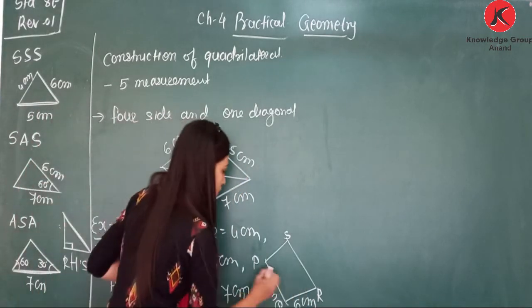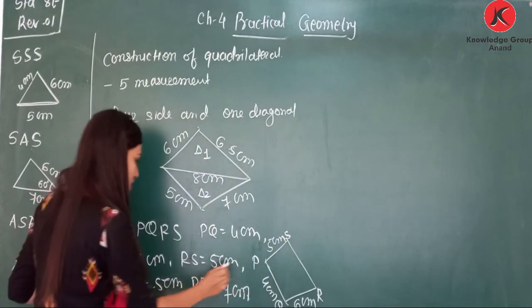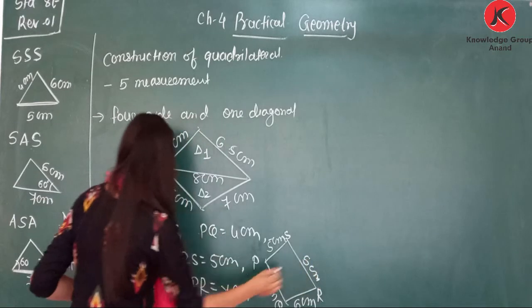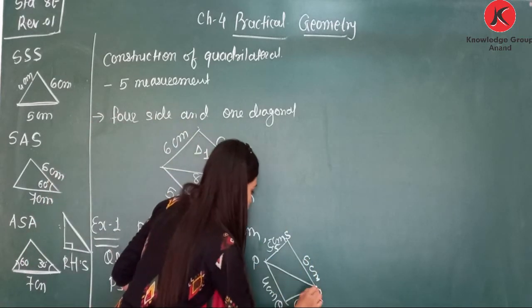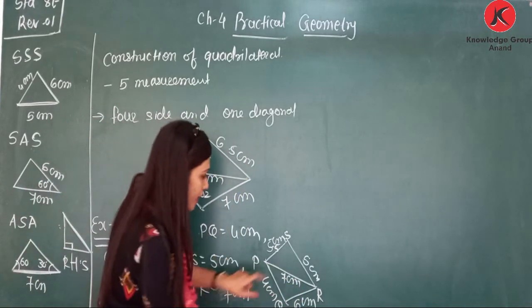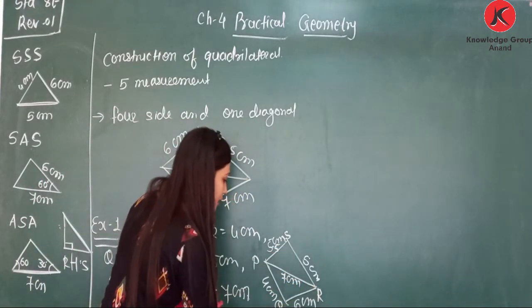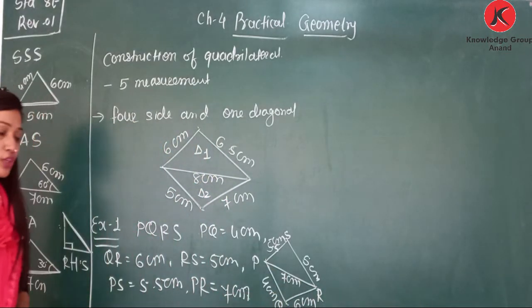RS is 5 centimeter and PS is 5.5. PR is 7 centimeters. Now we can construct the triangle SPR and triangle PRQ, and that will give quadrilateral PQRS.